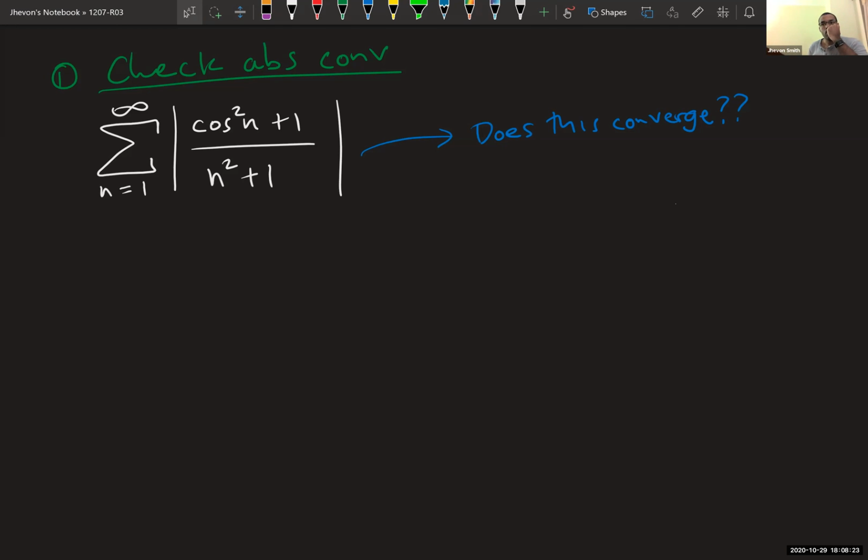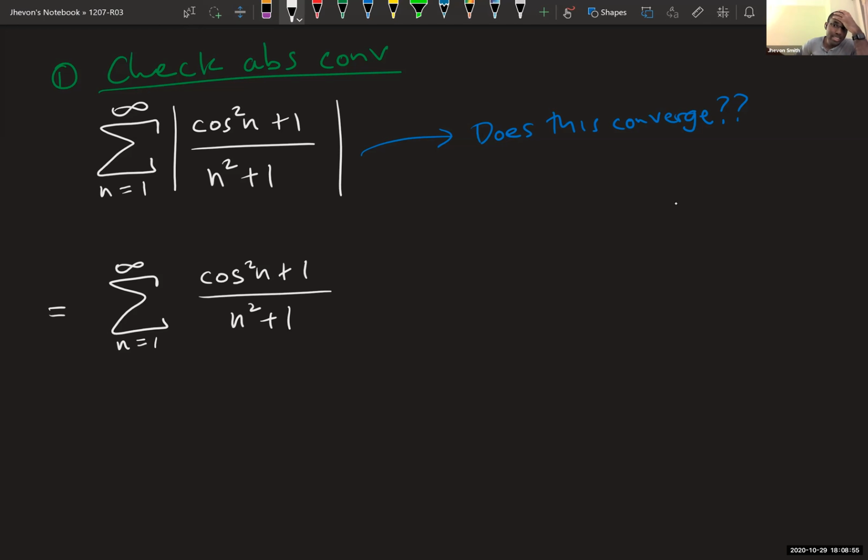Okay. And in the bottom, there's an n squared plus 1, and that'll also never be negative. So you're saying that we just get the original. Is that what you're saying? Yeah. This is true. However, it's not helpful to notice that. It's actually more helpful with the absolute values, believe it or not.